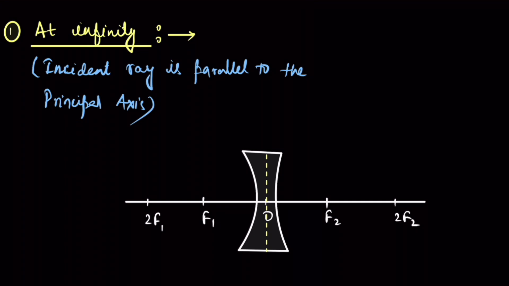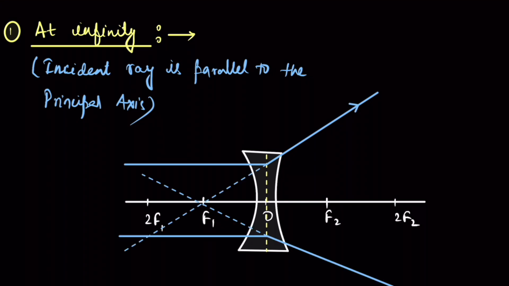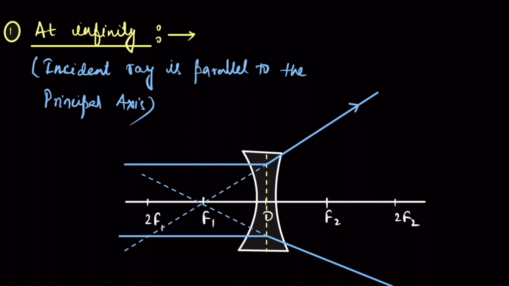So let's take two incident rays, both parallel to the principal axis. We know that concave lenses are diverging in nature. So here both the rays appear to meet at the point F1, and it is highly diminished. And the position of the image is on the same side as the object. So it means that it is virtual and erect.